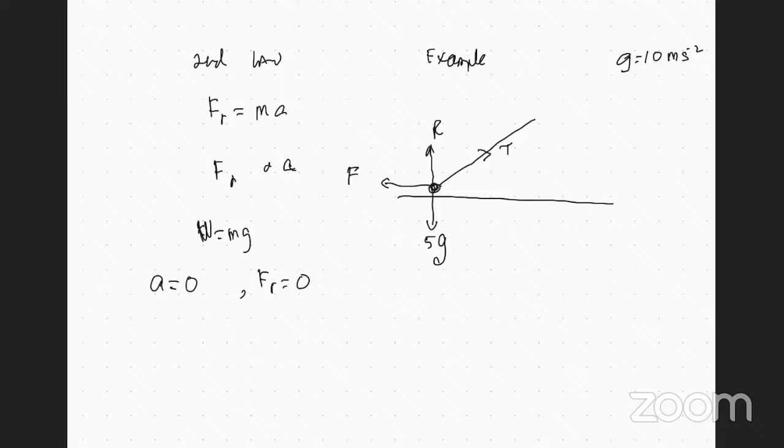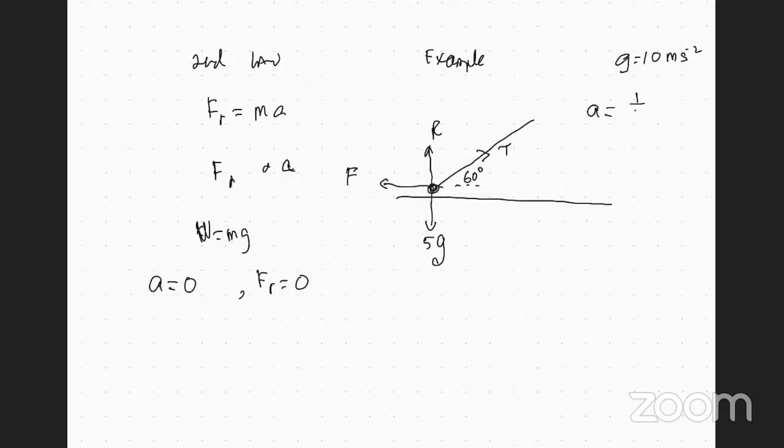If the acceleration of the particle is 1/3 of gravity, and the coefficient of friction is 2/3, they want us to find the tension. So let's see if we could find T.